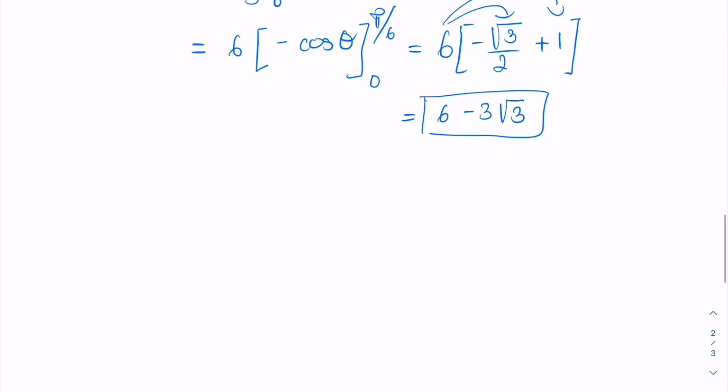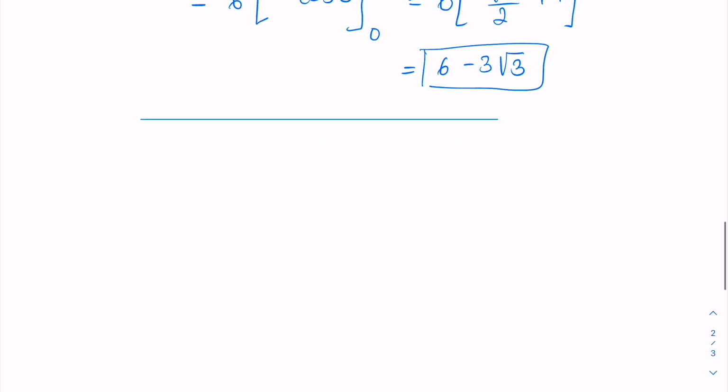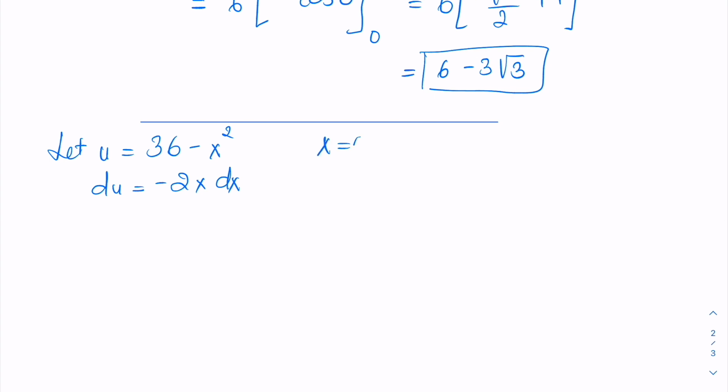So if we use a different method, and we let u be 36 minus x squared, du is going to be negative 2x dx. Then once again, x equal to 0, u is going to be 36. x equals 3, u is going to be 27.